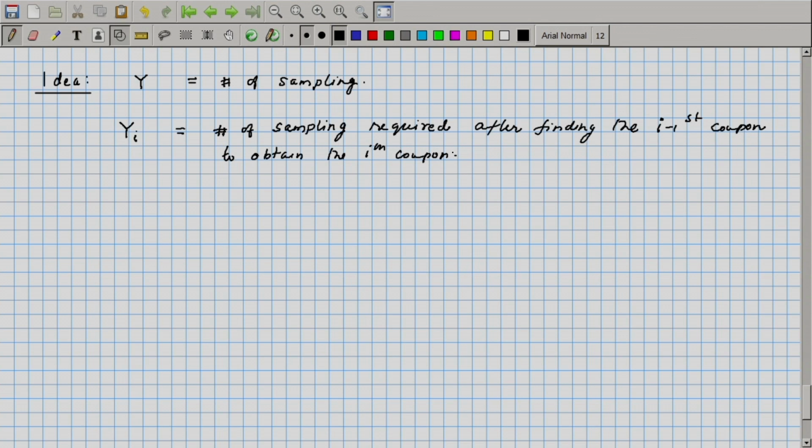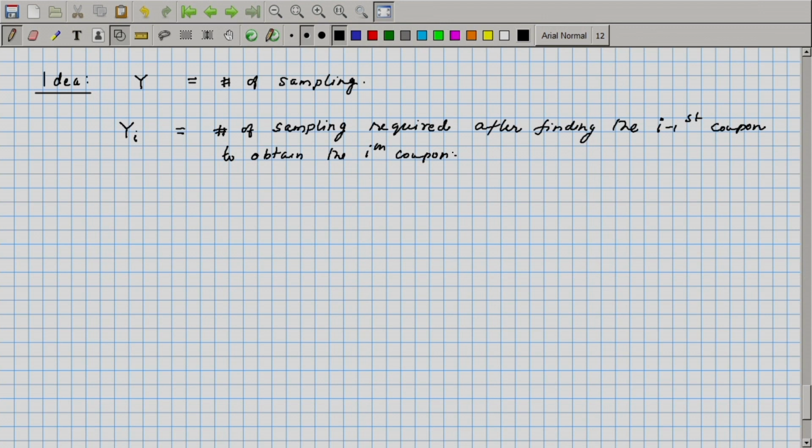Okay. So, at some stage we have already collected i minus 1 different coupons. The additional sampling that we need to do before we get the ith coupon, that is what we will call yi.